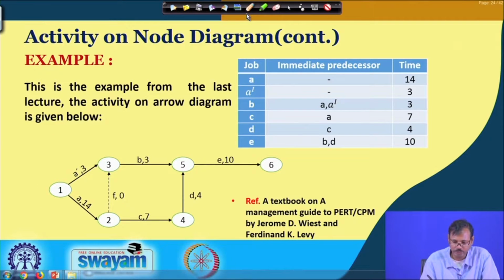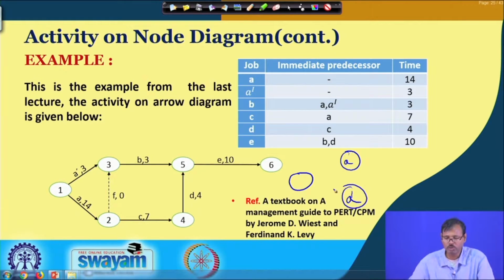in an activity on node diagram, then you can easily find out there must be a starting node. From that, the first two jobs which are A and A dot, these two jobs are the starting jobs which do not need any predecessors.